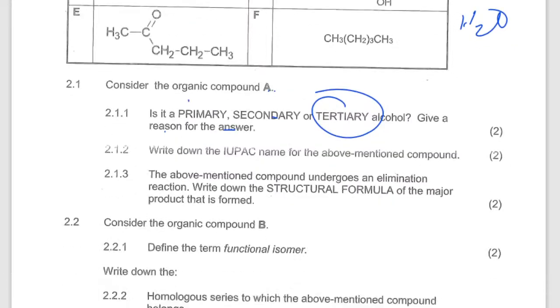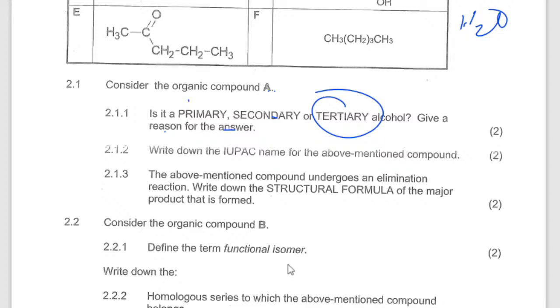They are saying to define functional isomer. Whenever you talk about isomers, they have the same definition, but what they state there is what changes: organic compounds with the same molecular formula.